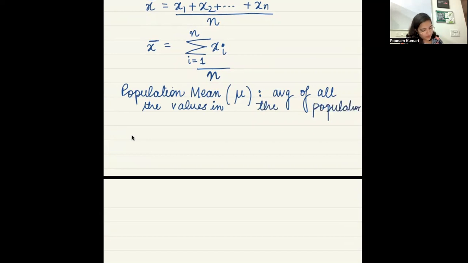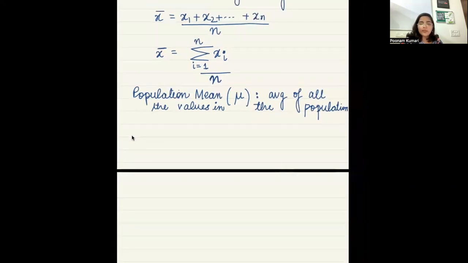Whenever you are given all the data regarding a population, if you find the average of it, that will be the population mean. And it has a separate symbol, mu.